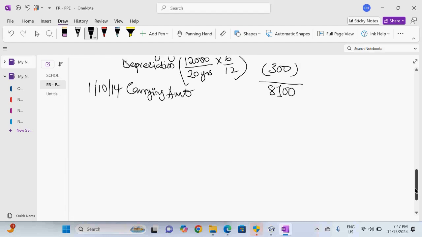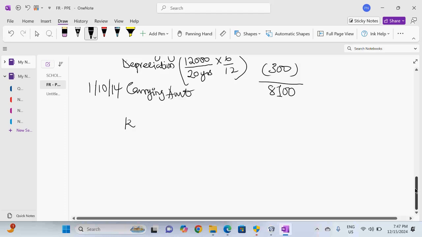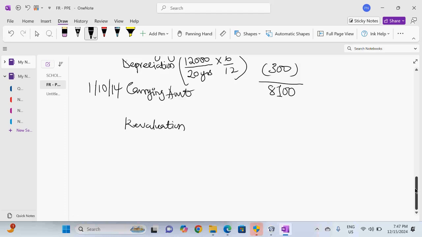Then the revaluation was on the same date. I'll leave some space for the revaluation, and then I bring the line here.